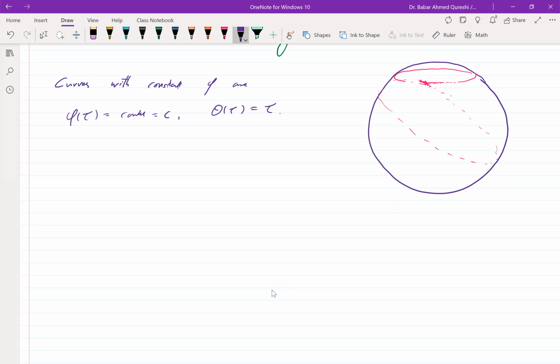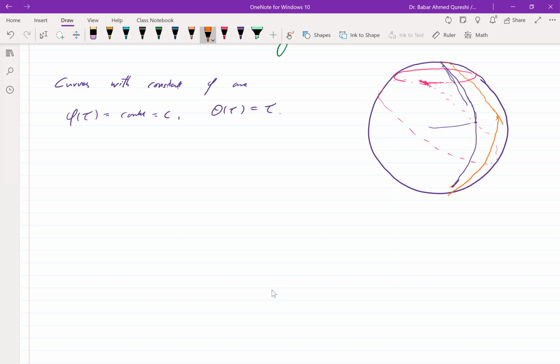Theta goes forward, but phi is fixed. So what are these? You pick some phi here, and then theta changes like this, these lines. I can change the phi, go over there, theta goes like this. So what about these lines?